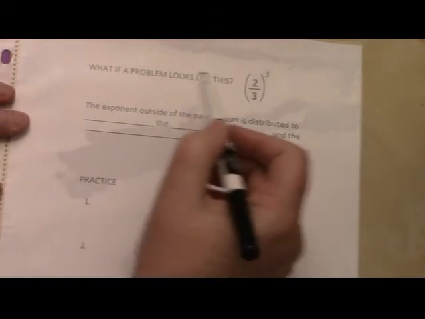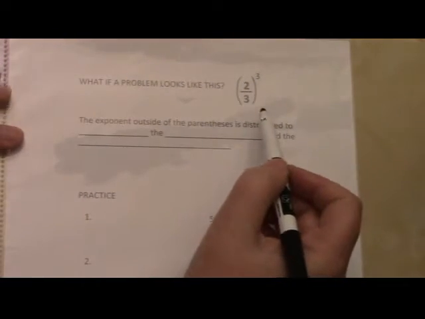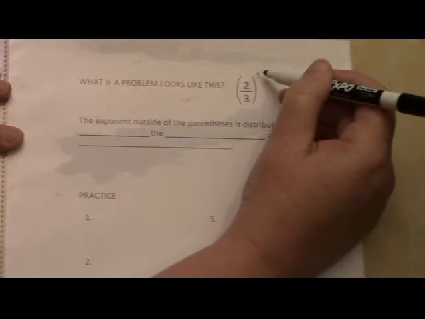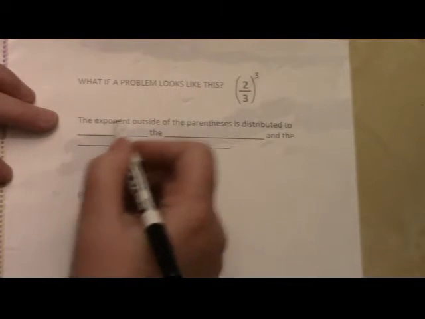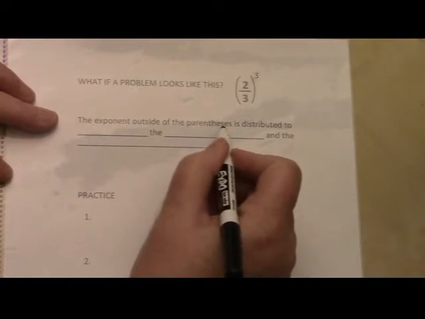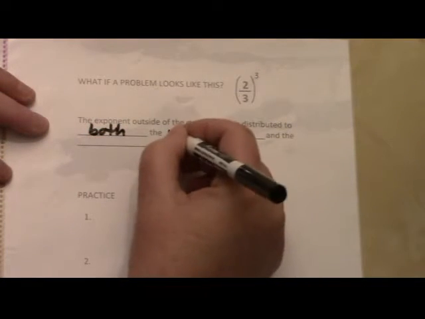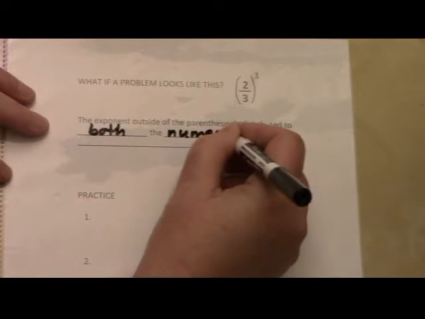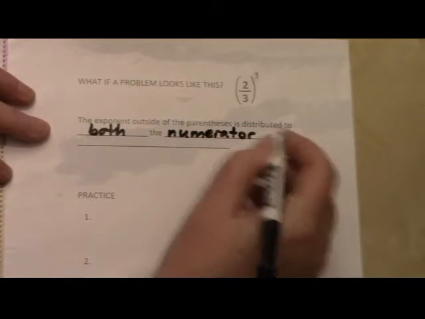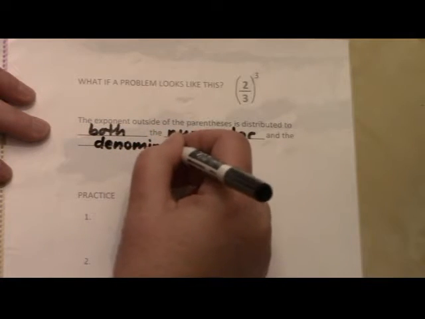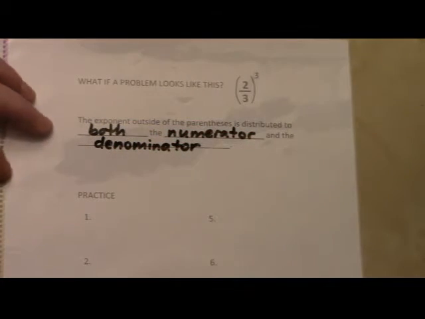And our last rule that we're going to look at, what if a problem looks like this? A fraction that's in parentheses with an exponent on the outside. So the exponent outside of the parentheses is distributed to both the numerator, which remember is the top number of a fraction, and the denominator, which is the lower number.